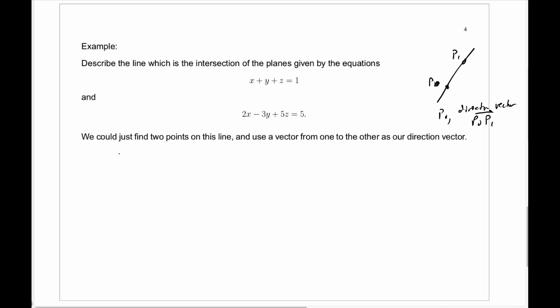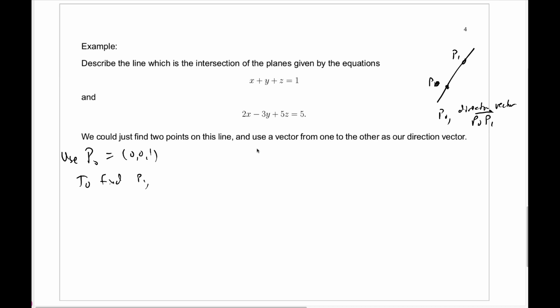So how do we find 2 points? Well, point P0 we already found. That's just the point 0, 0, 1. To find point P1, I just need to pick, for example, a value for y or a value for z or even a different value for x, and then I can solve for the other variables to find that point.